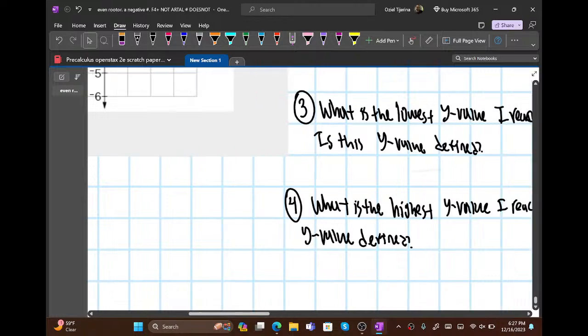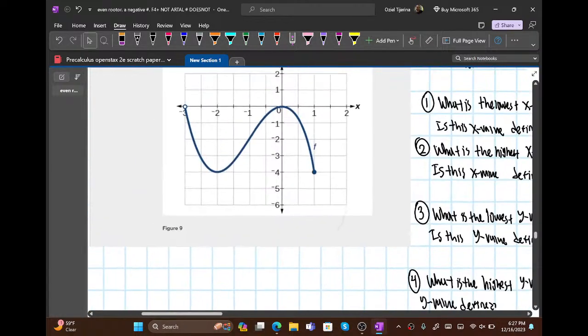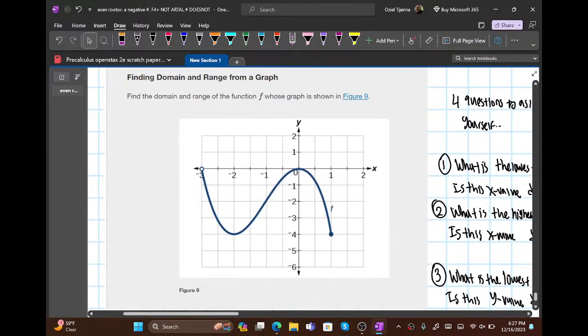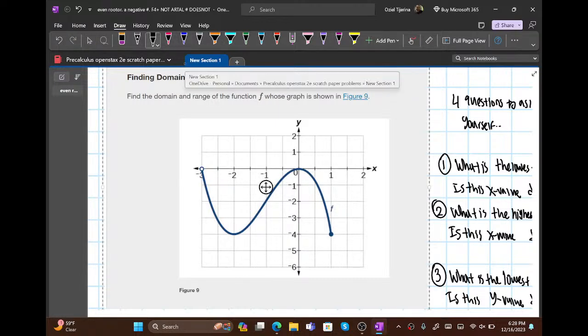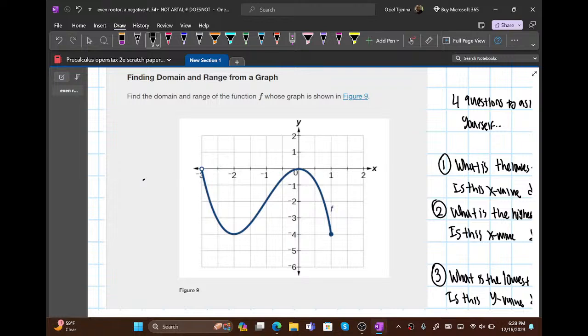So we're going to go over this example. We have some kind of curve here, and you want to again look at where the curve is undefined and where it is defined.